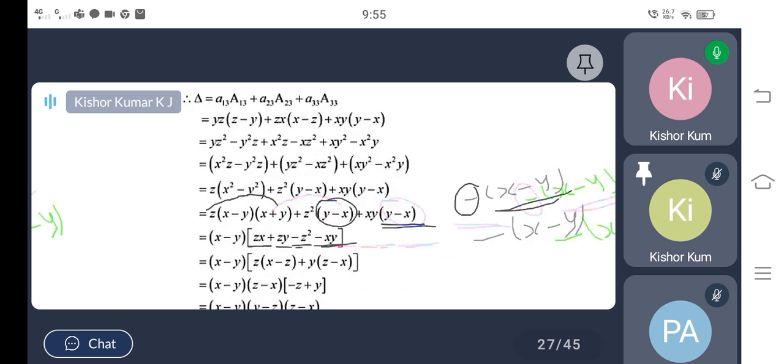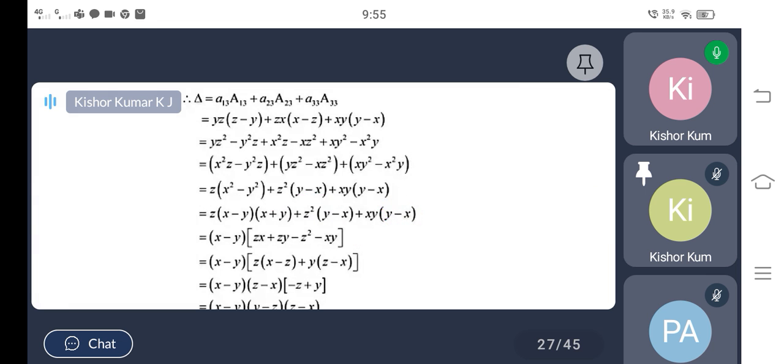Now after this, we can observe inside the bracket again we have common terms. What are the commons we may take? zx, z square. I will take z common. You will get z into x minus z, plus in the remaining two terms zy minus xy, I will consider y common. It will be z minus x.